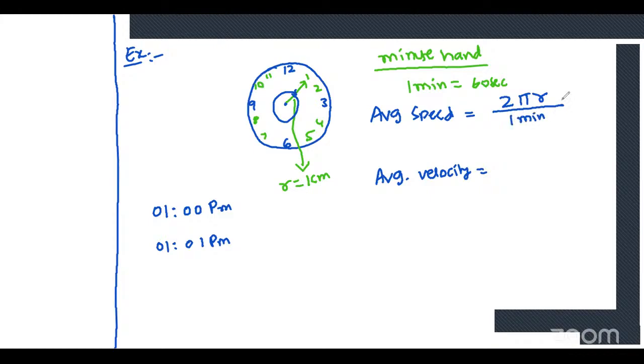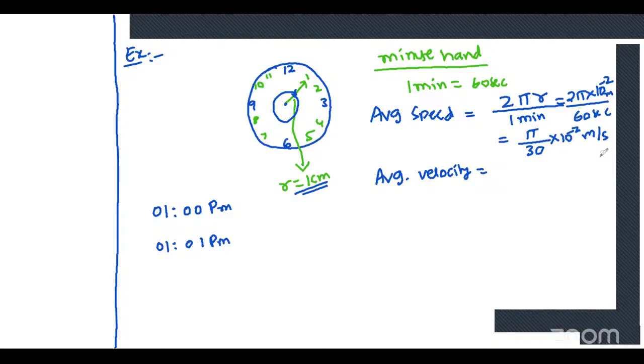Sir, are we not taking it in seconds? Now I'll convert. 2 pi, radius we consider 1 centimeter, that is 10 power minus 2 meter, by 60 seconds. That is nothing but pi by 30 into 10 power minus 2 meter per second, or I can say pi by 30 centimeter per second.